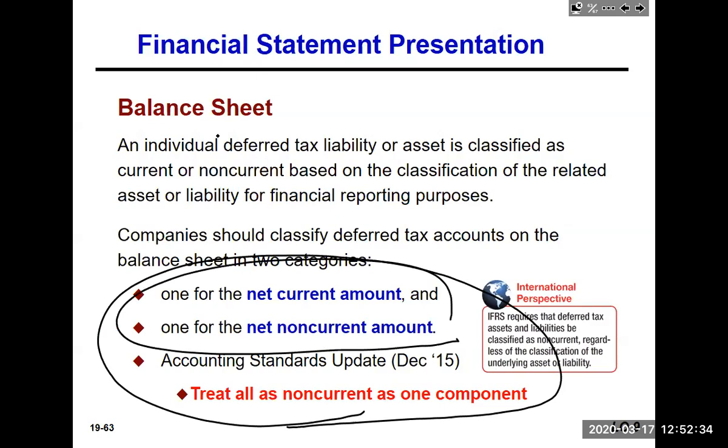You want to combine all of this as one component. Treat all as non-current as one component, whether it's a current asset or whether it's a long-term asset or a long-term liability. That's what it means by non-current. Long-term asset or long-term liability.